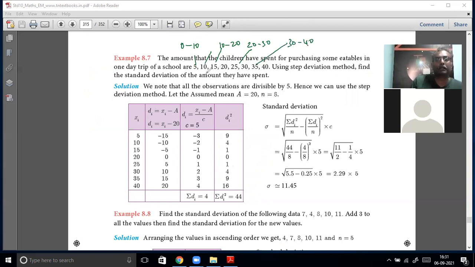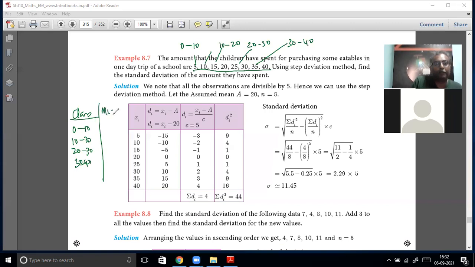Like that, they will be giving. Here, this fellow has given raw values, individual point data. Actually, for individual point data, you need not use step deviation method at all. But he has given one very easy example. Usually they'll give class data 0 to 10, 10 to 20, 20 to 30, 30 to 40, like that.